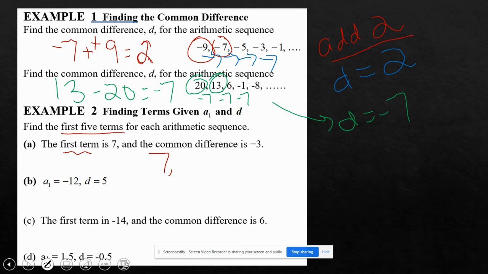If the common difference is -3, then we're subtracting 3 every single time. So 7 minus 3 is 4. 4 minus 3 is 1. 1 minus 3 is -2. -2 minus 3 is -5. And here's my list of the first 5 numbers in the sequence.